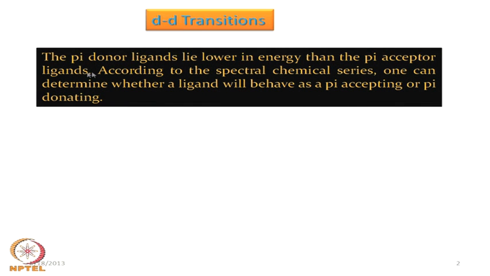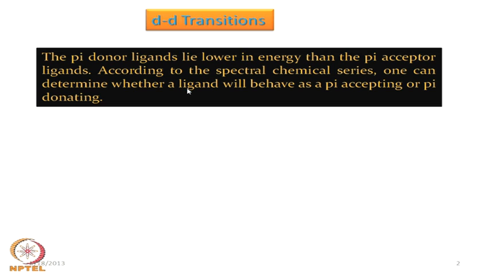So, what are the different types of dd transitions we can have for certain metal complexes bearing unpaired electrons in the 3d level, 4d level or the 5d level? We can have pi donor ligands. These pi donor ligands lie lower in energy than the pi acceptor ligands. For the energy leveling of these different types of orbitals, most of the time we are considering sigma donor only ligands, that means the water molecule and the ammonia molecule.